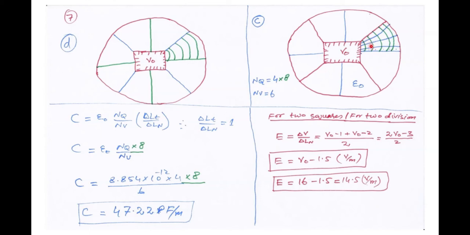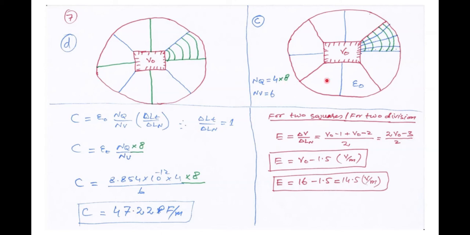And we have 8 big flux tubes in between the inner conducting boundary and the outer conducting boundary. So multiply 8 by 4, which is equal to 32.